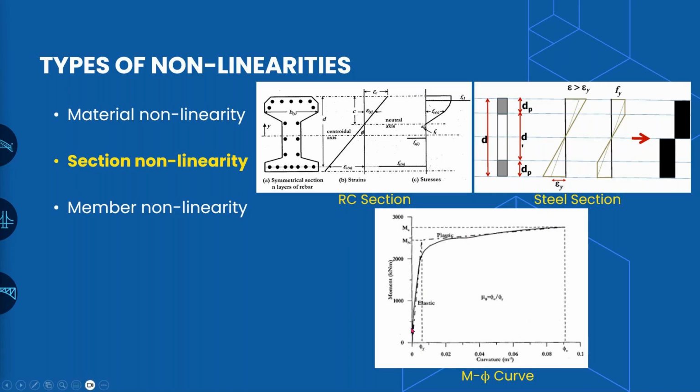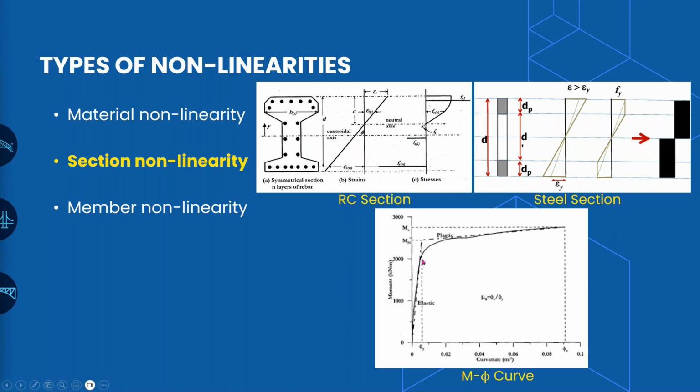If you look at the section initially, what we could see is a straight line, which is nothing but my uncracked stiffness. Once there is cracking in the concrete, there is a certain reduction in the stiffness of the section, and there is a straight line up to the point where there is yielding of the first rebar.